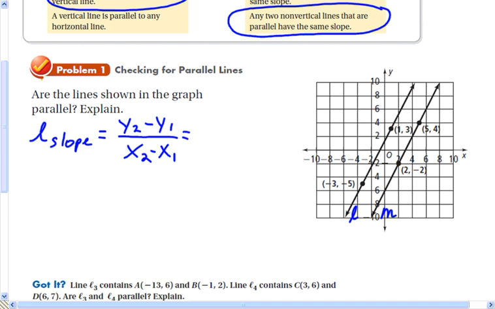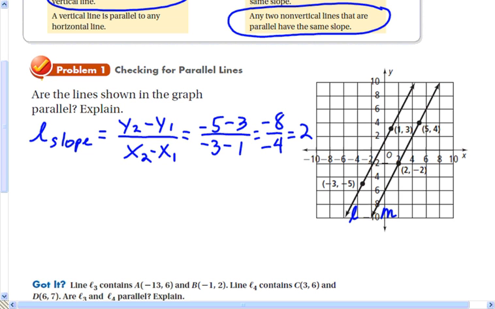So for line L, we're going to use -5 minus 3 and -3 minus 1. That's equal to -8 divided by -4, which is 2.